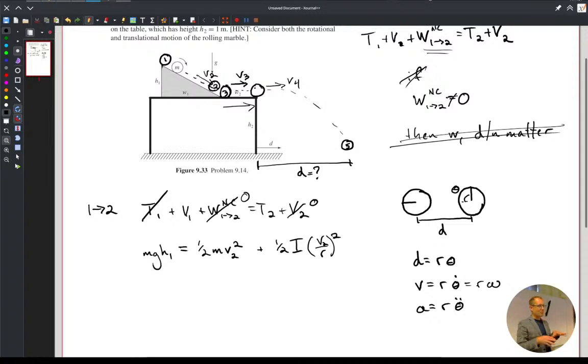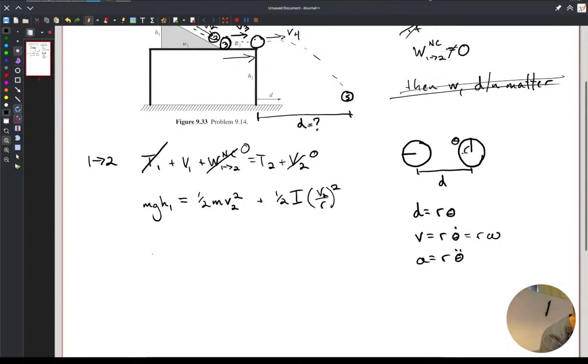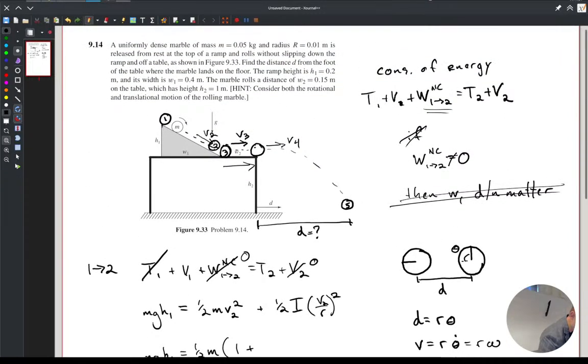So now I have one equation, one unknown, much better. And mgh1 equals 1/2 m times 1 plus, what is it, MR squared over 3? No, 2/5 MR squared.